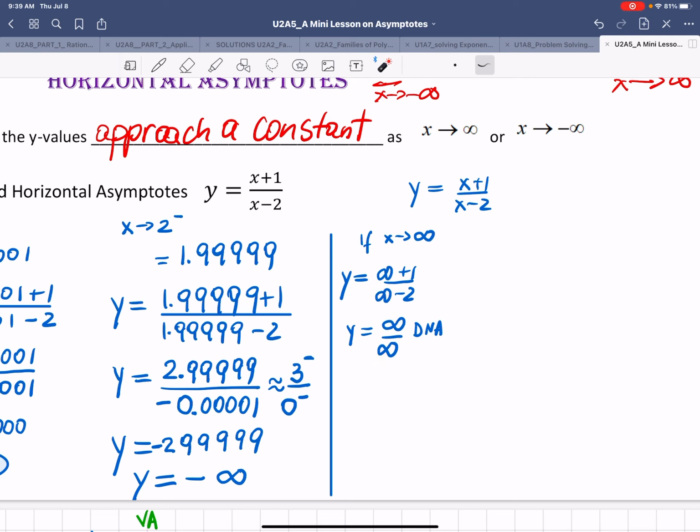So we're thinking, is it possible to simplify that x before we evaluate? So we're going to say, well, let's give it a try. So if we have y equals x plus 1 over x minus 2, we can simplify in a fancy way. And I want you to listen carefully here because you may or may not have done this before.